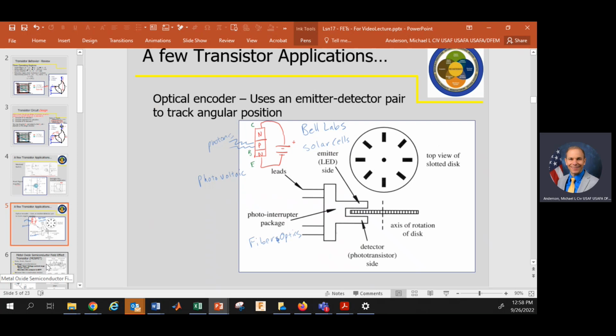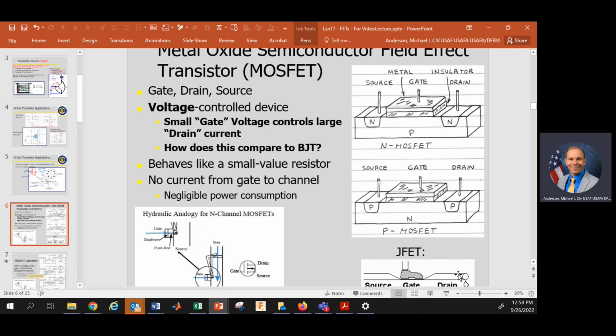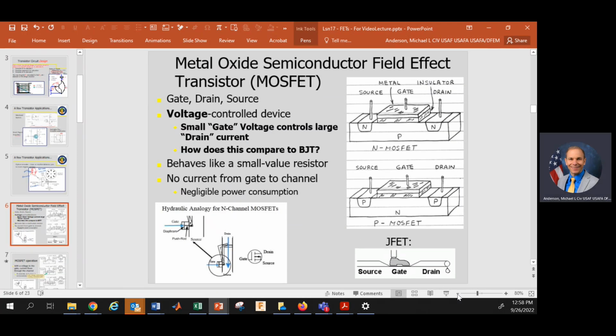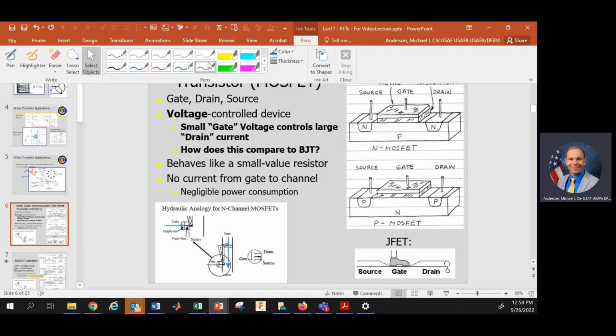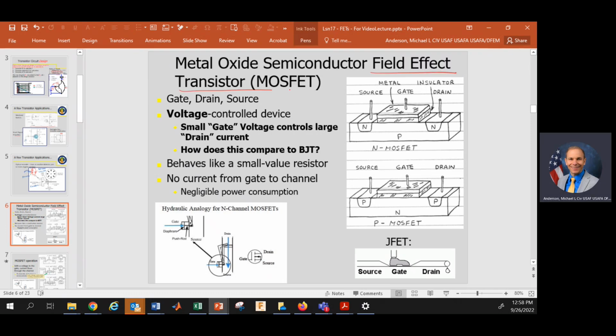All right, so for today, we're introducing field effect transistors. There are two basic types of field effect transistors. Mostly we're going to talk about MOSFETs, metal oxide semiconductor field effect transistors. These are similar to BJTs in the sense that they all have three leads, so they're a triode type of device.